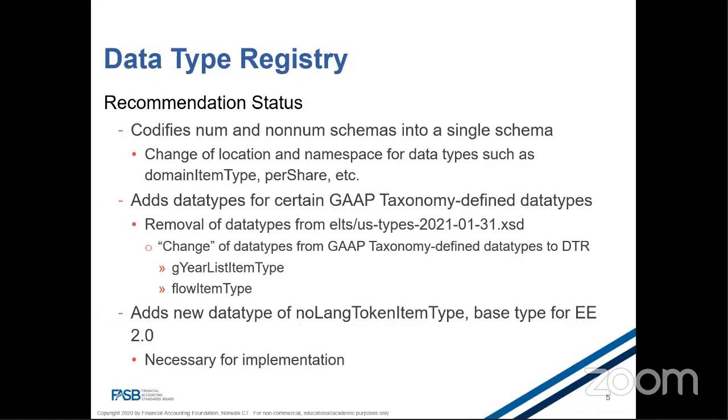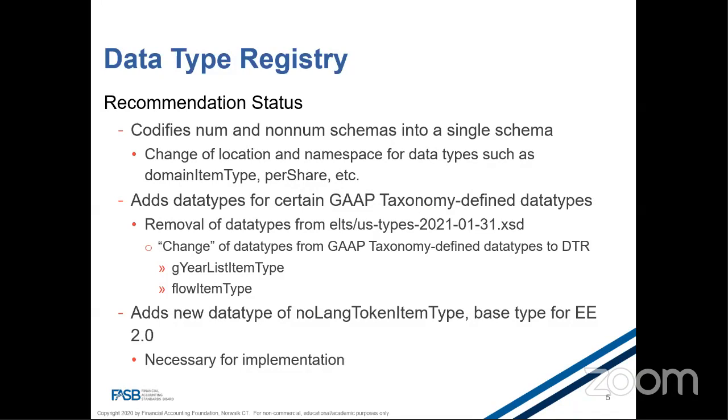So this will cause a change of location and namespace for a number of data types that are used not only in the US GAAP and SRT taxonomies, but in taxonomies used all throughout the world. Domain item type, which is currently in the non-num schema, will be available in the DTR. That will be a change for the 2021 taxonomy.